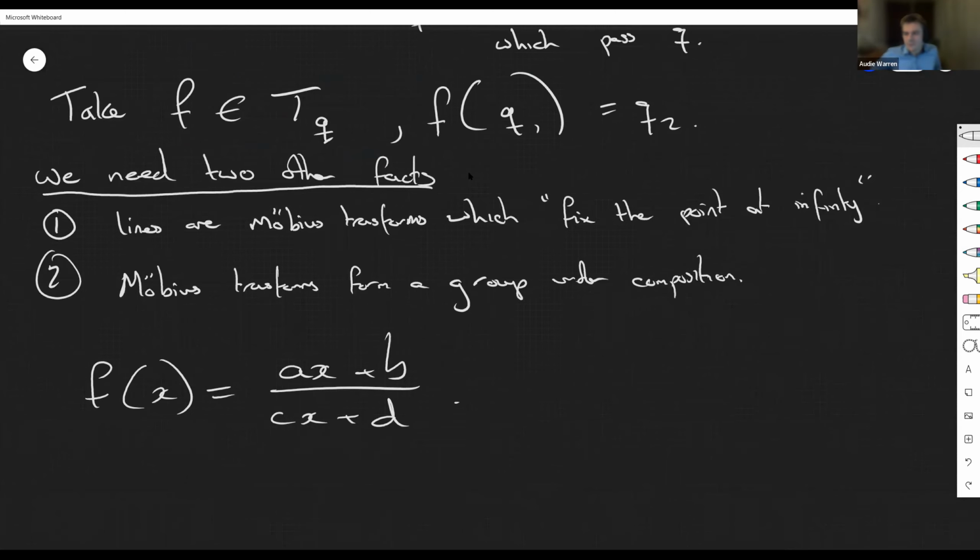Now, I said before that we would really like to use the projective definition because it will illustrate what's going on better. But what we'll really notice here is this certainly has a vertical asymptote if and only if c is not 0. So what happens if c is 0? If c is 0, then the thing on the bottom disappears. We end up with a line.